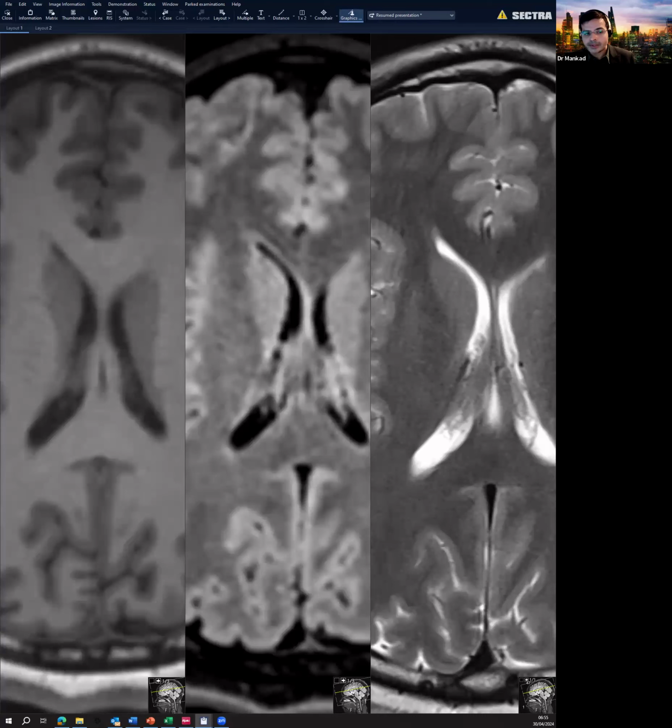And the stronger the magnetic field, the more power it has in terms of increasing the signal to noise ratio. So you get a very good resolution. And the whole idea is to improve the contrast between the white matter and the gray matter structures of the brain.